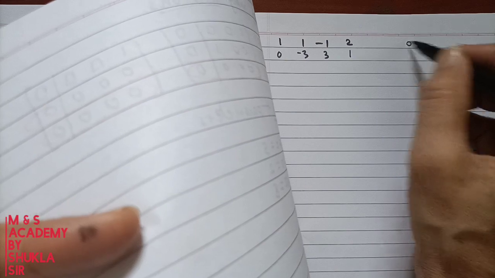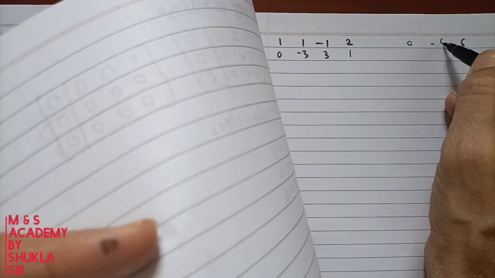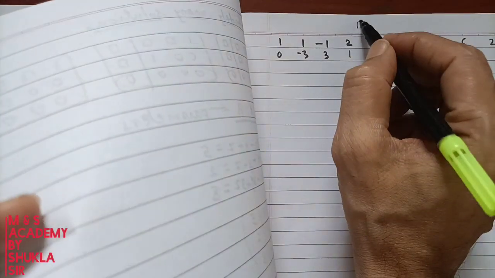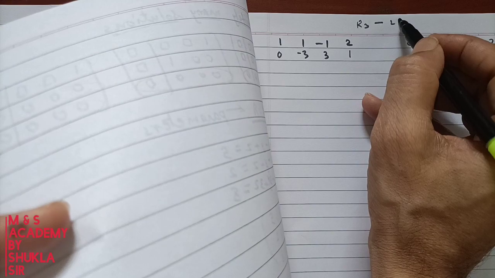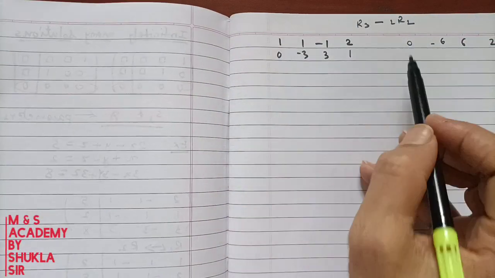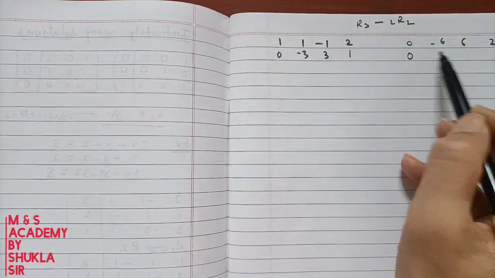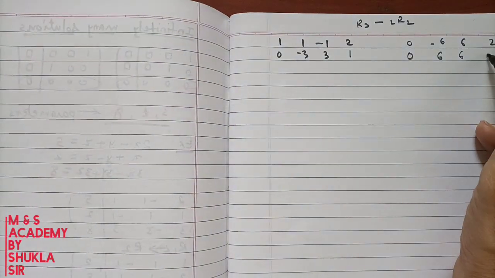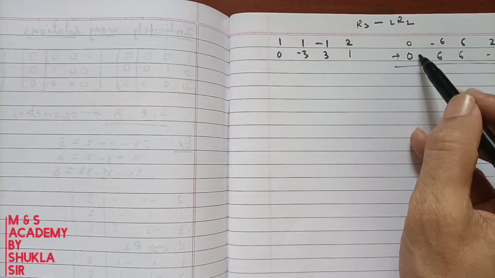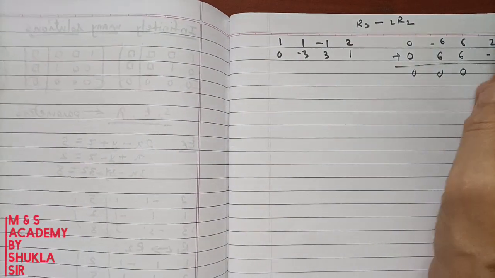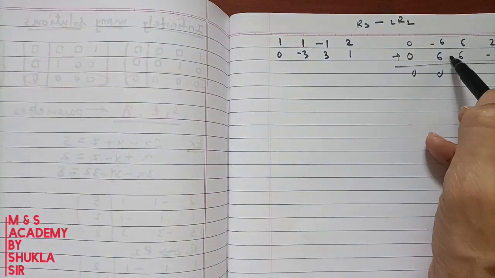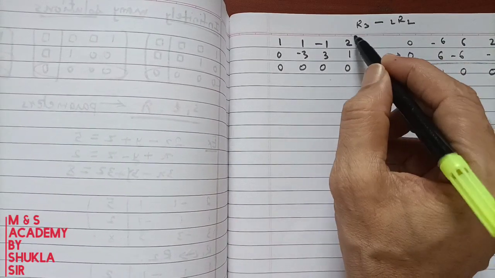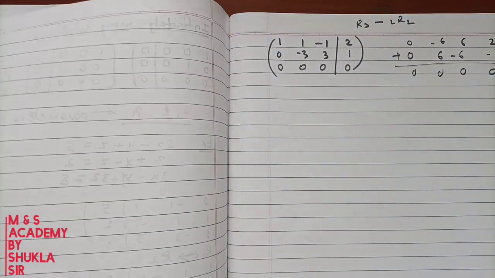This is the third row that we are going to change, and our operation is R3 minus 2 R2. So 0, minus 6 plus 6, 6 minus 6, and 2 minus 2. If we add, we'll get 0, 0, and this is 0. So every element of the third row is converted to 0.